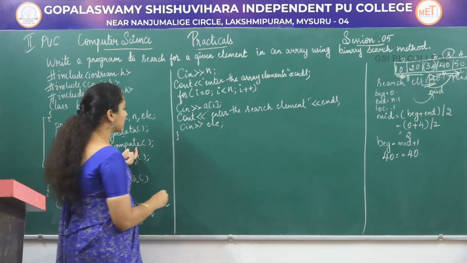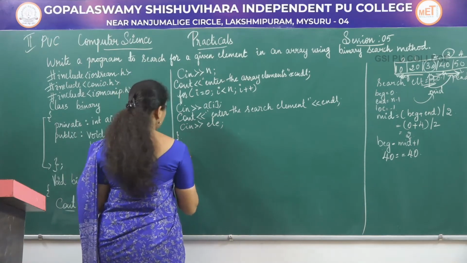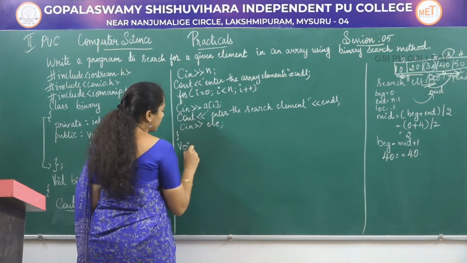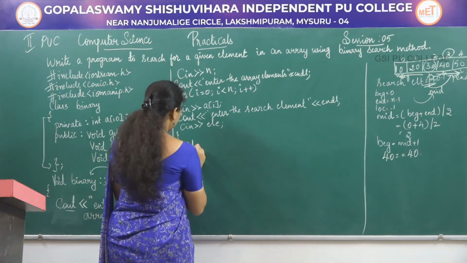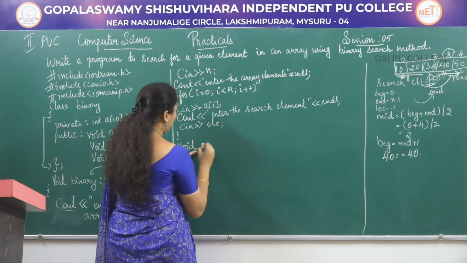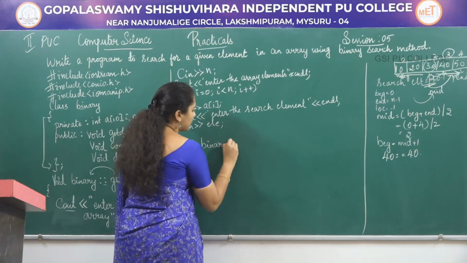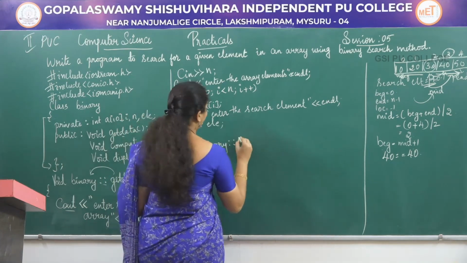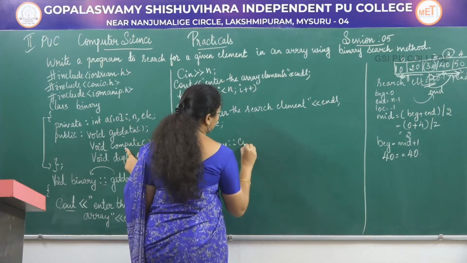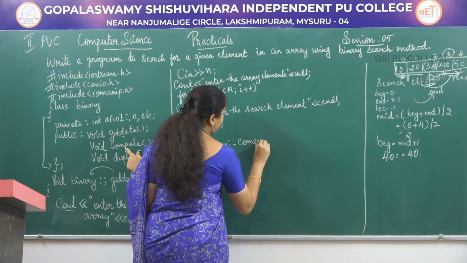Next function is compute function. We are defining this function outside the class, hence I have to mention the return type. The return type is void followed by class name binary, scope resolution operator, followed by function name, that is compute function.